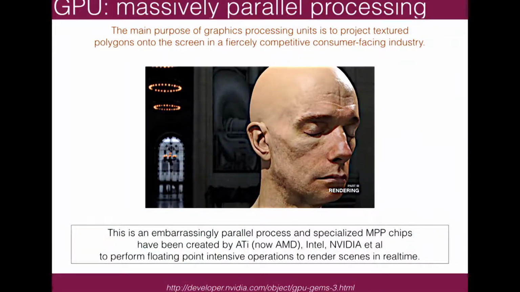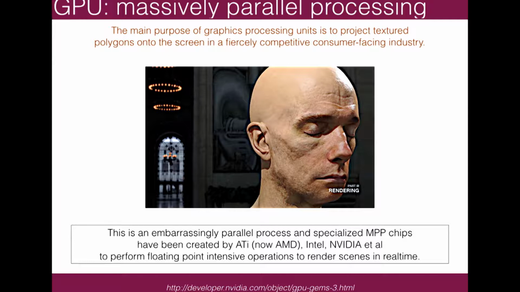So if you dedicate a thread to compute the pixel here, and just imagine there's a set of polygons that represent this head, that involves basically marching a line through a set of polygons, finding intersections, and then inspecting the image or textures associated with each of the polygons on this head. You can have a thread compute the intensities for this pixel independently of a thread that's down here in the grubby cheek area, okay? So if you had 1,000 by 1,000 pixels, you have 1 million independent tasks, okay?